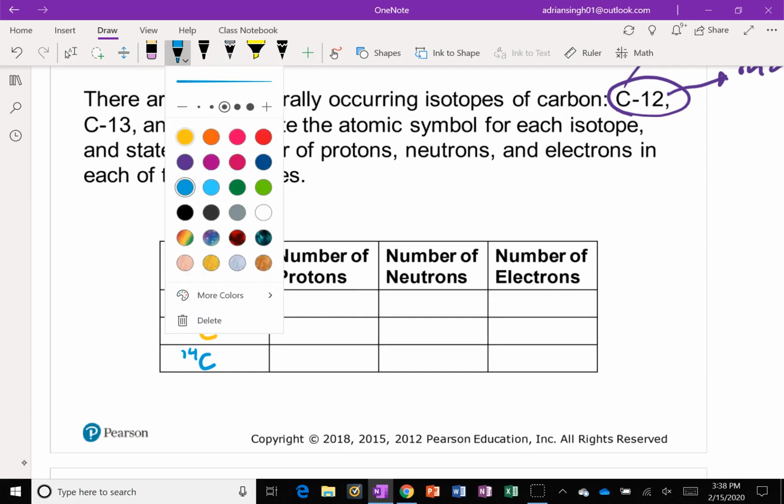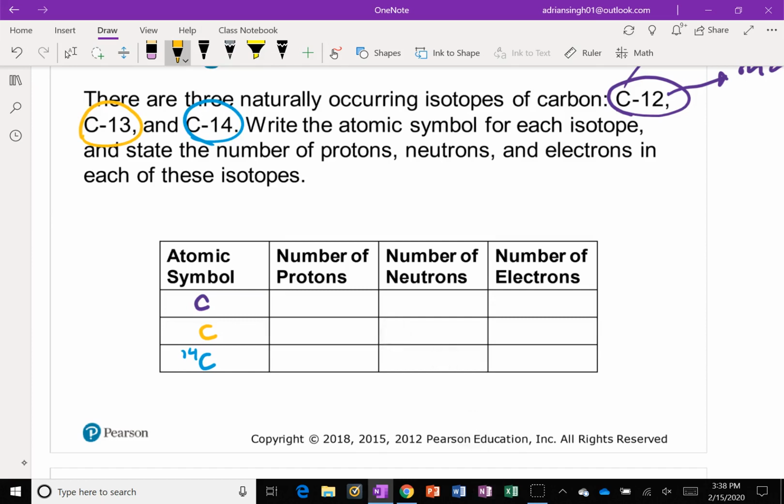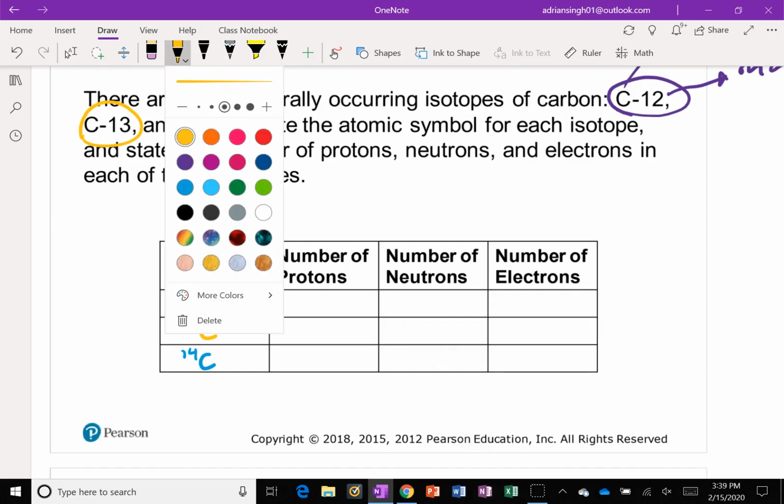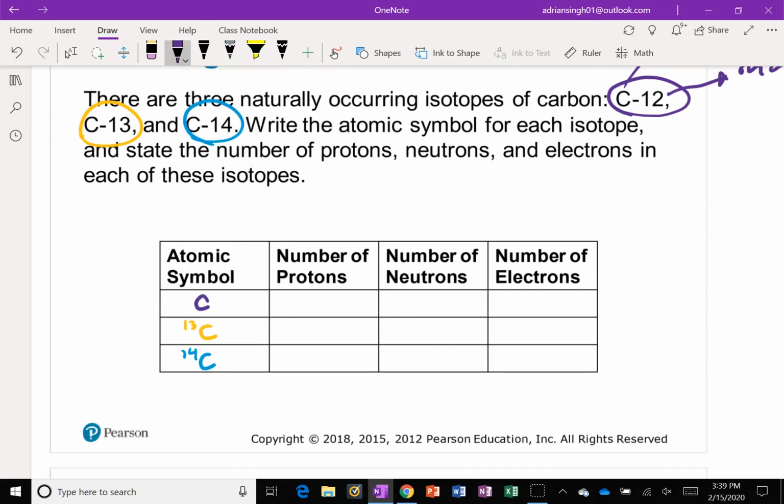The second one is C13, so we'll put 13 on top. And then the first one there was our C12, and that's in purple. So that's the mass number. It's different for all of them, but the thing that's the same is the number of protons, which is just the atomic number, and that's 6 for each of these, right?